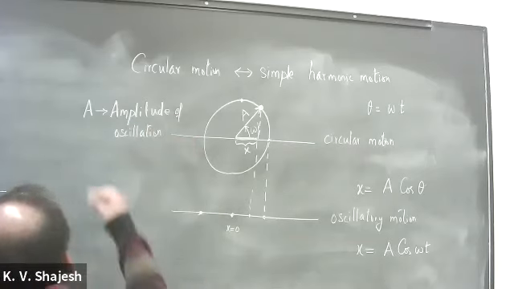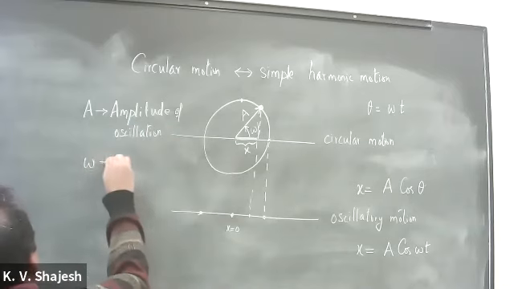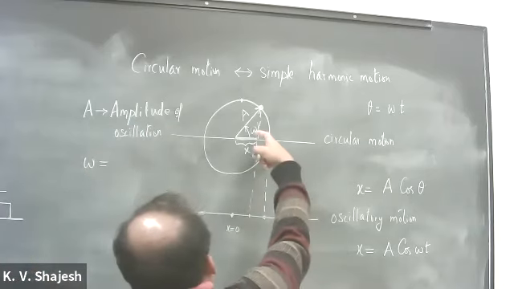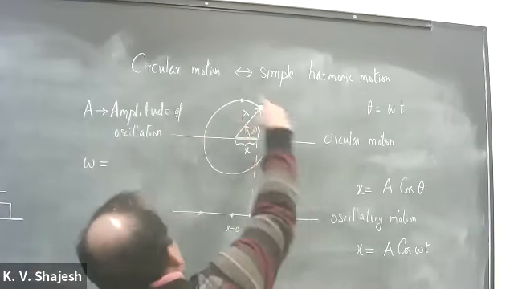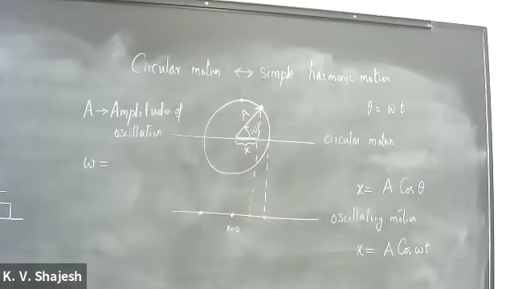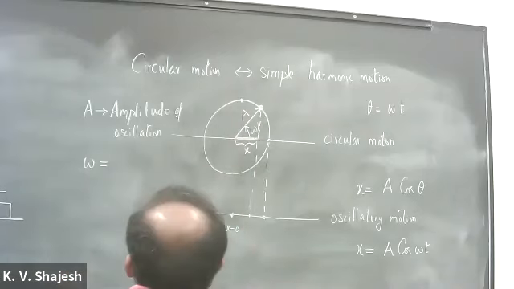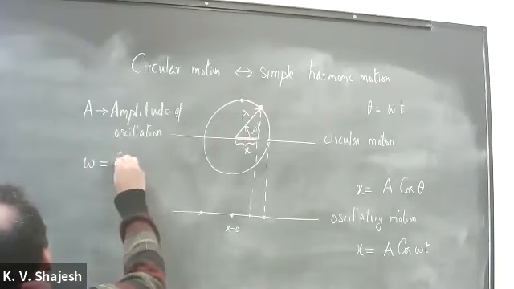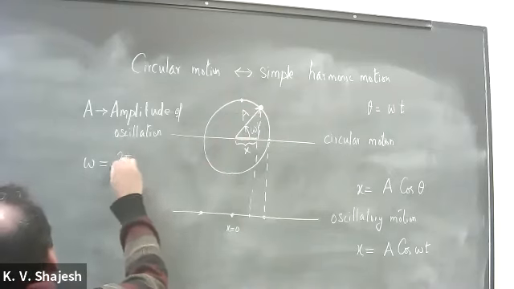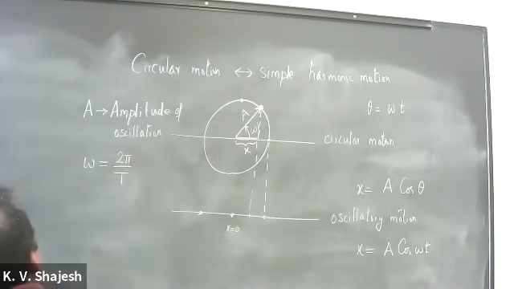What is omega? Down here, omega is related to how fast it is moving. It is uniformly rotating, but it tells you it is the angular speed. But angular speed in circular motion is related also to the time period. So this is equal to 2 pi over T, where T is the time period.